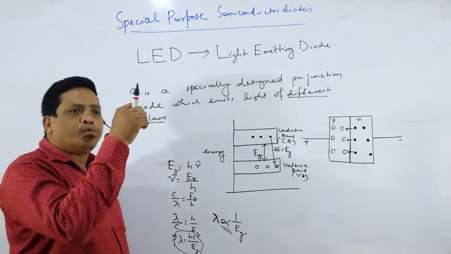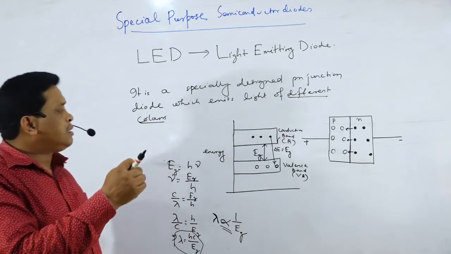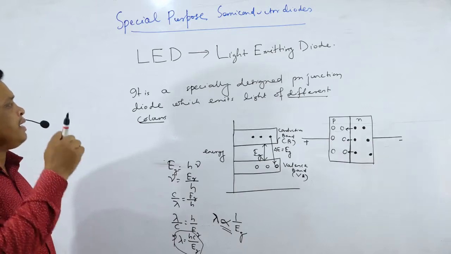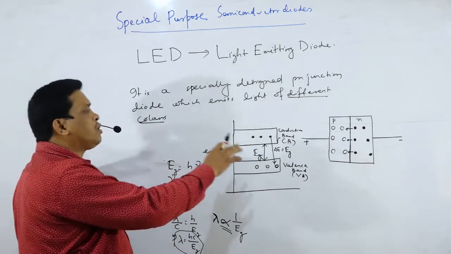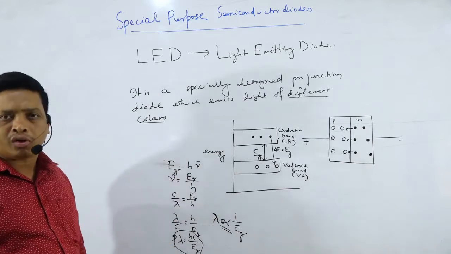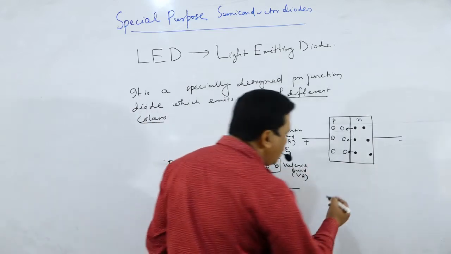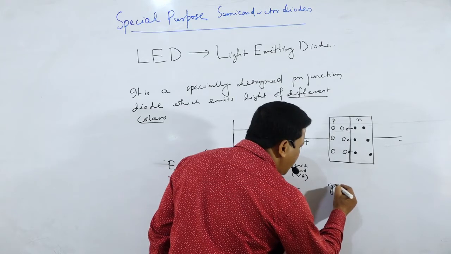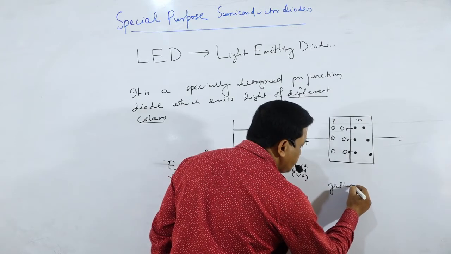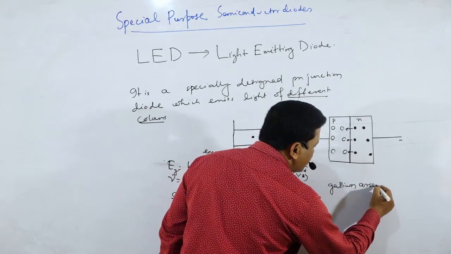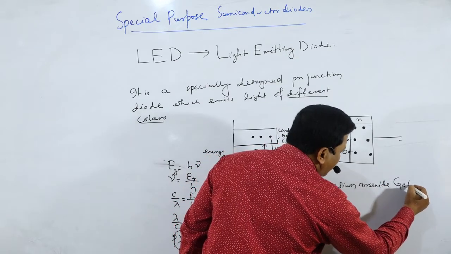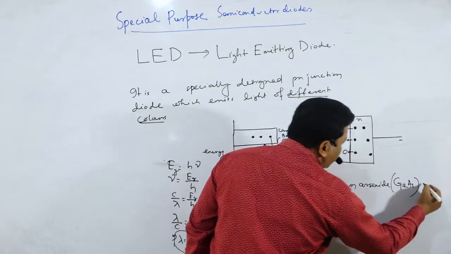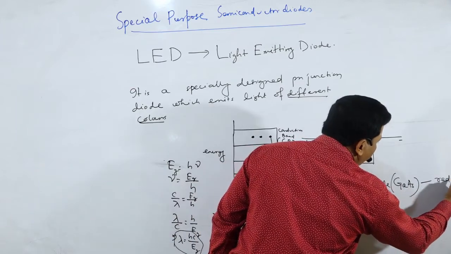The wavelength of the emitted light depends upon the material we have used for designing that PN junction. For example, if you use gallium arsenide, then red light will be emitted.